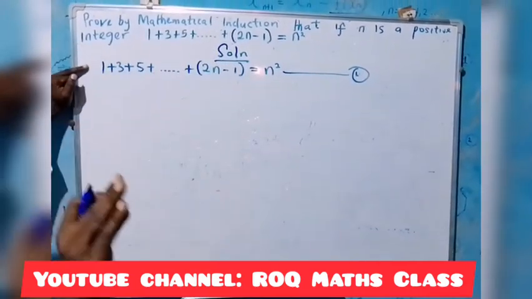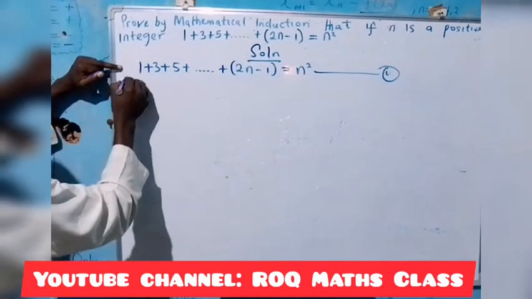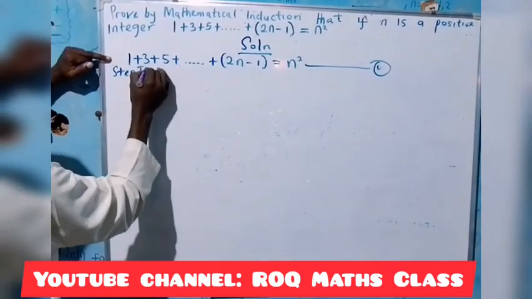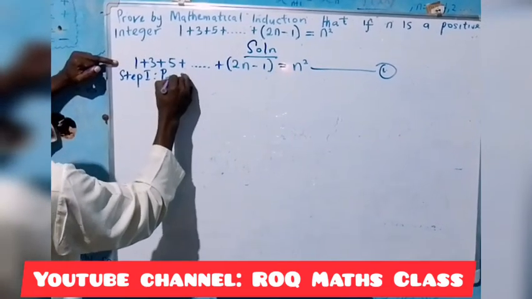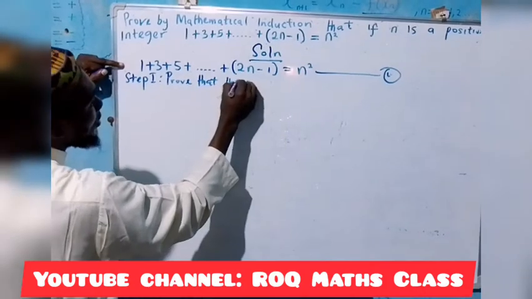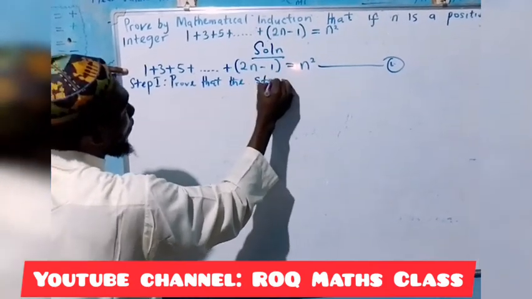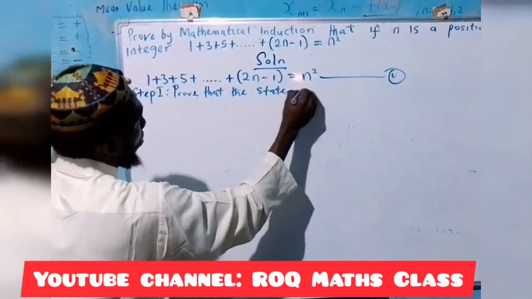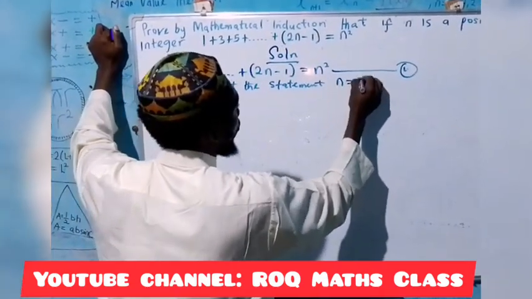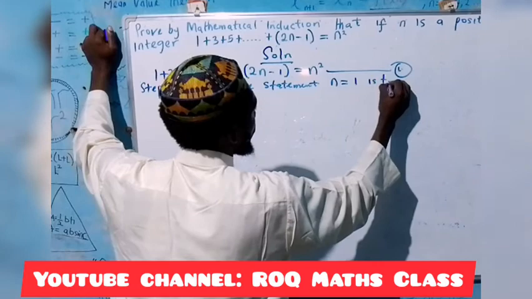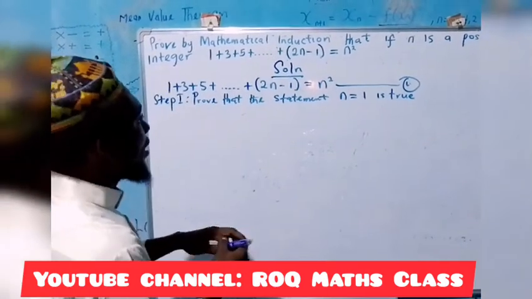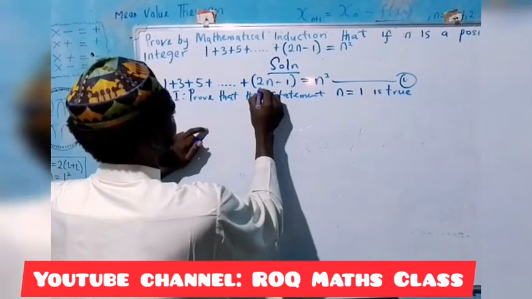Now, our first step in mathematical induction, step 1, states that we prove that the statement n equal to 1 is true.